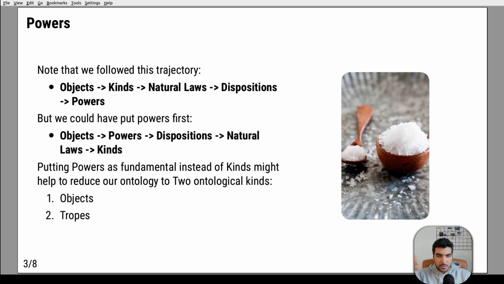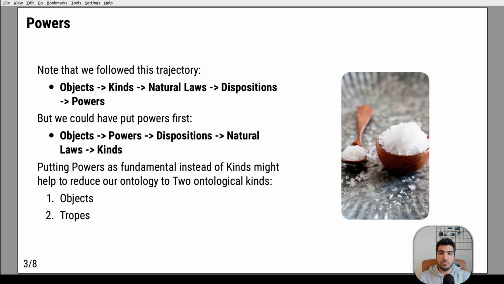So we followed the above trajectory, but one could argue that we could have flipped this around, right? It doesn't matter, because we have to keep one of them as fundamental and then define the rest based on it. We started with kinds of things as universals as the fundamental thing. But someone says, okay, we can also go to powers and start with powers and then define the rest based on powers.